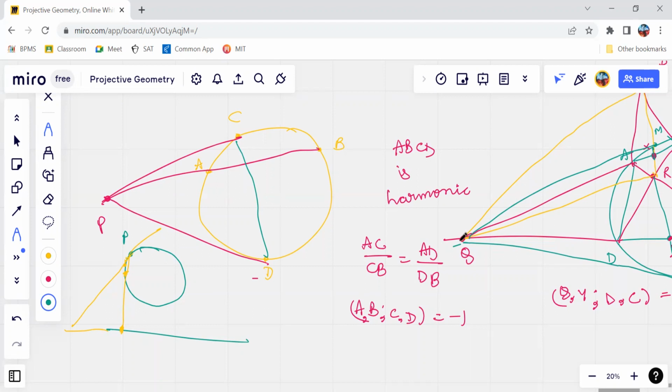So actually, if you try and project this ABCD through, say, point C, you can leave A as it is. We're projecting onto the line PAB. The point B also stays as it is.